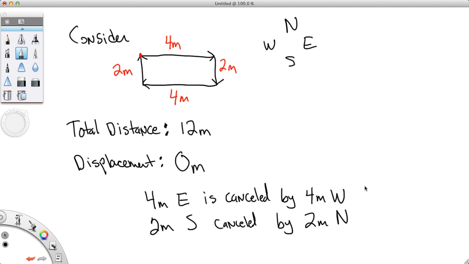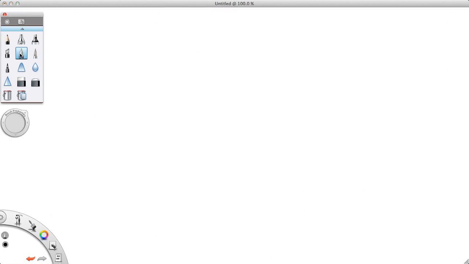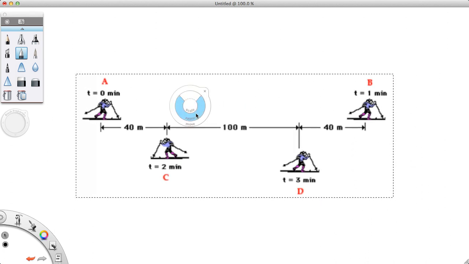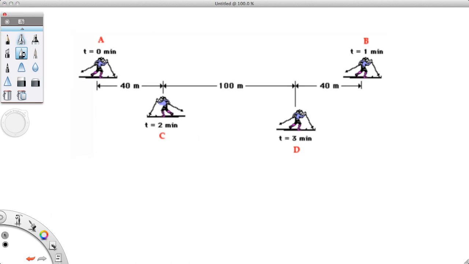All right, let's do another practice here. I'm going to clear this screen, and I'm going to paste this down here. I'll make this a little bit smaller so you can see it. Let's take a look at this cross-country skier.